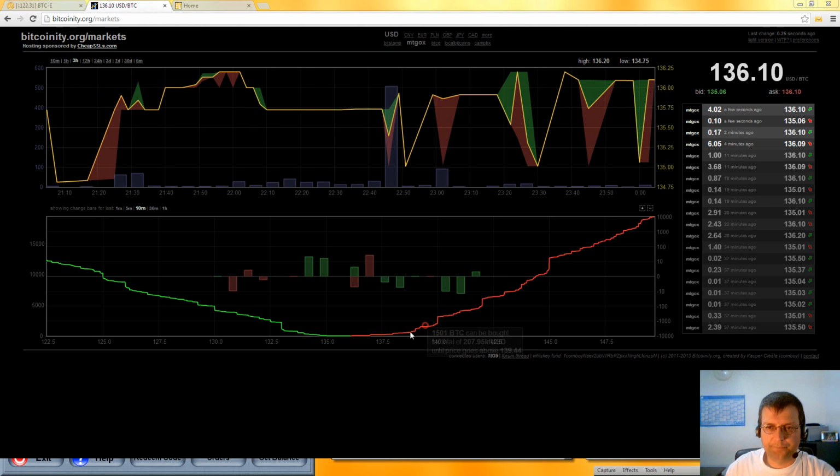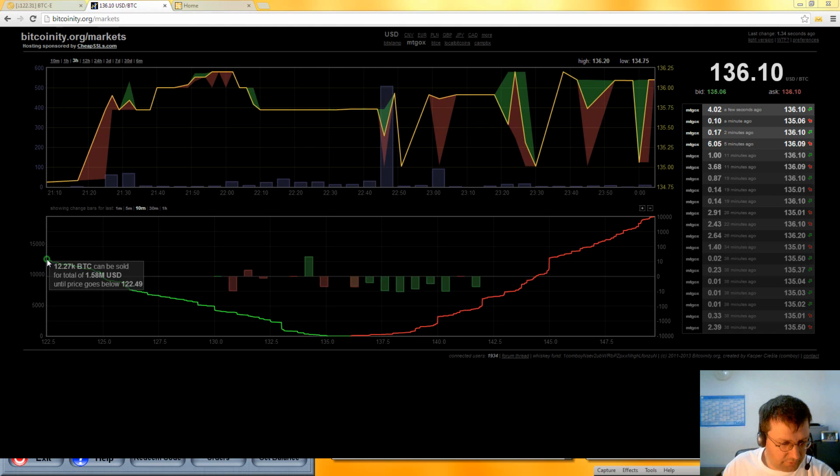The amount of Bitcoins can be seen on this scale on this left axis. As you can see here, we have this 122.5 USD level, and until the Bitcoin price will hit this level, 12,280 Bitcoins have to be sold on Mt. Gox.